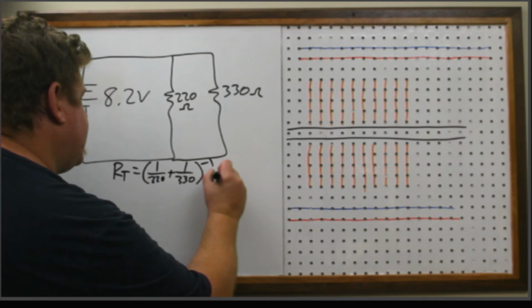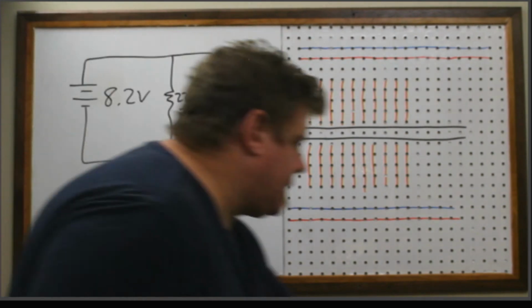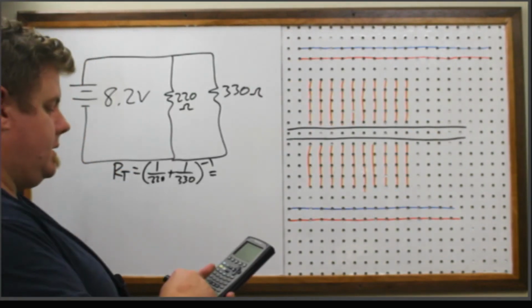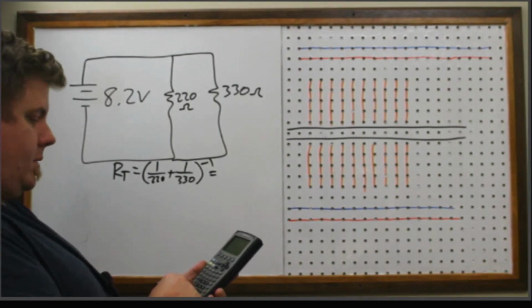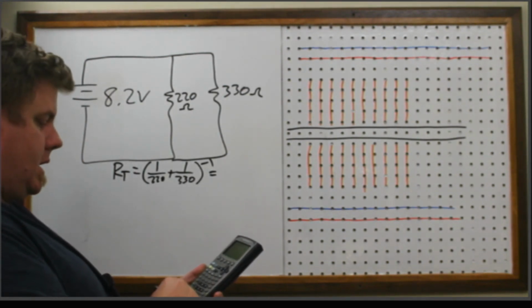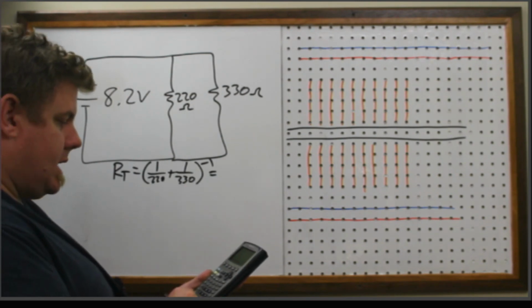So this is going to give me the total resistance for my parallel circuit. So let's go ahead and calculate that. 1 divided by 220 plus 1 divided by 330 to the -1, and we get 132.